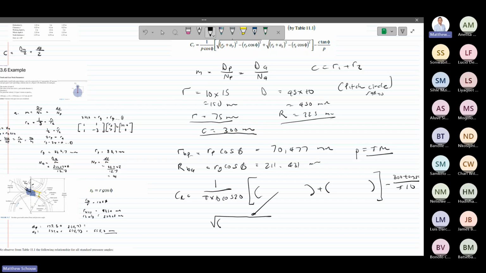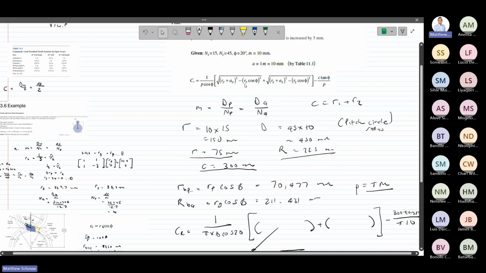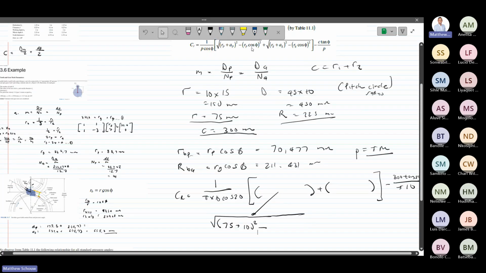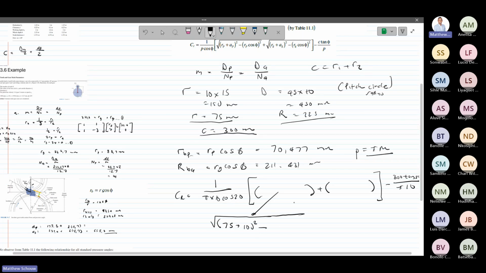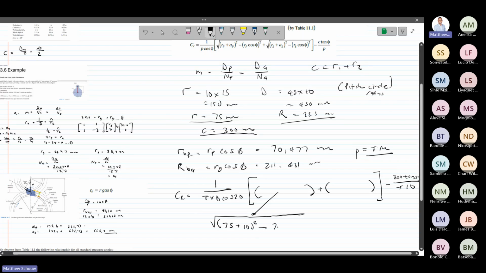So this is your pitch, your standard 75, plus your addendum, which is 10, and we're going to square it. Then we're going to say minus this over here, which is going to be 70.477, squared. I think I'm just used to doing it a lot differently.